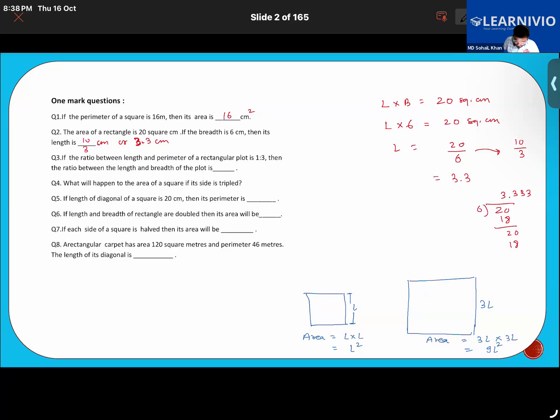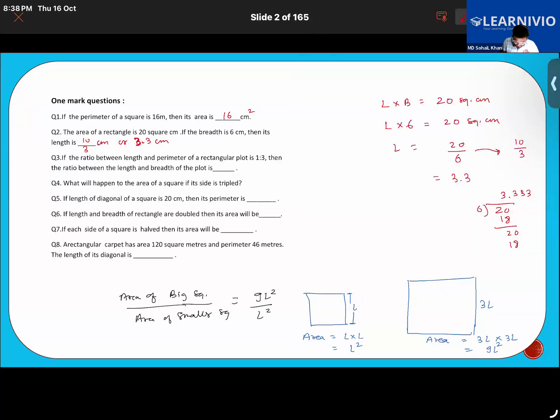So area of the big square divided by area of the smaller square, right? So that's going to be 9L square divided by L square.